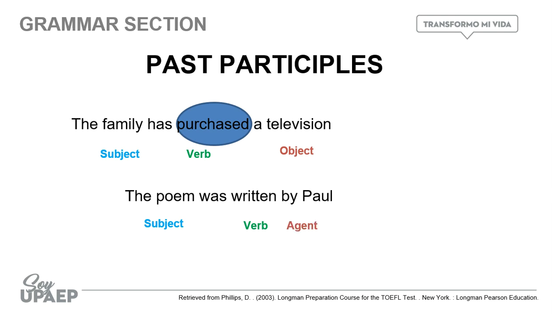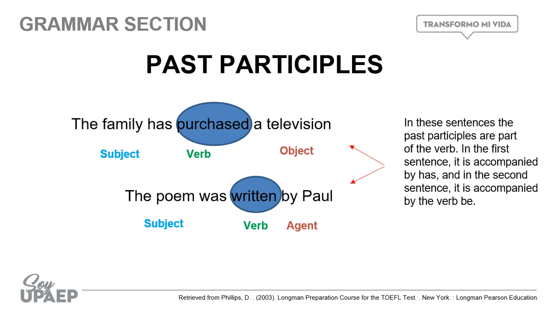Okay? So if you notice, the past participle form of the verb is part of the verb. Why? Because it is accompanied by the verb to be in order to make a passive sentence. So remember, past participles in this case are working as part of the verb.